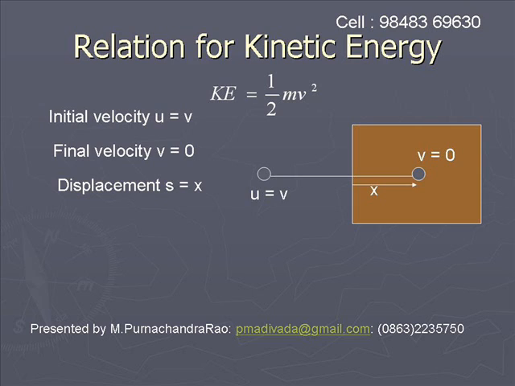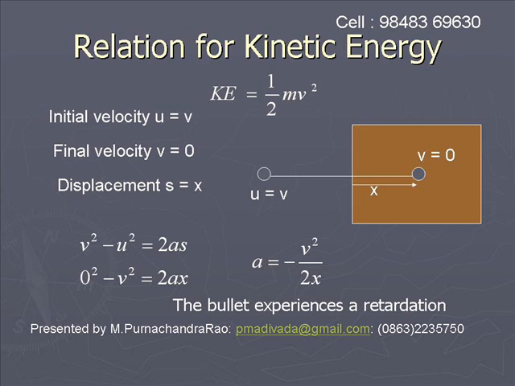Taking the relation v square minus u square is equal to 2as, we get 0 square minus v square is equal to 2ax. From this relation, acceleration a is equal to minus v square by 2x.